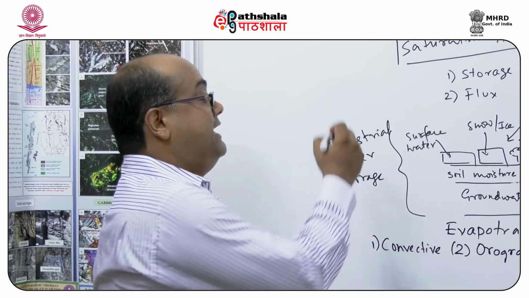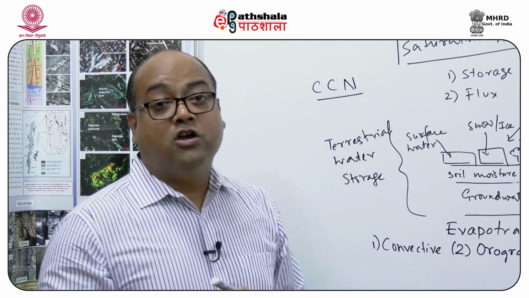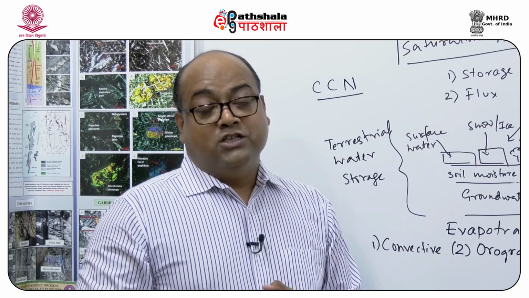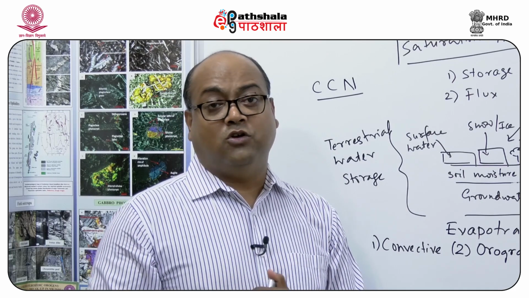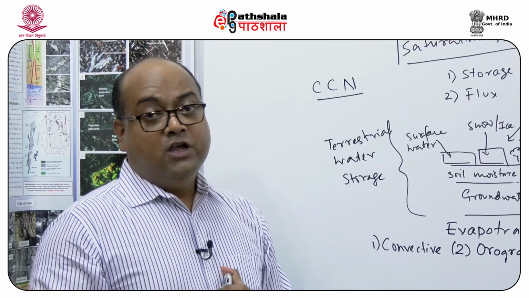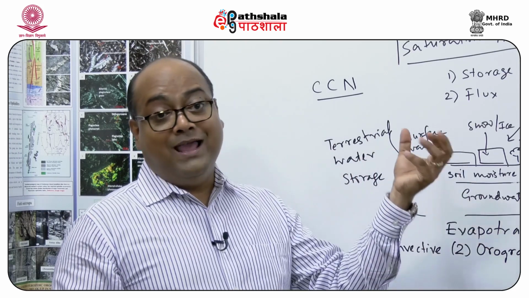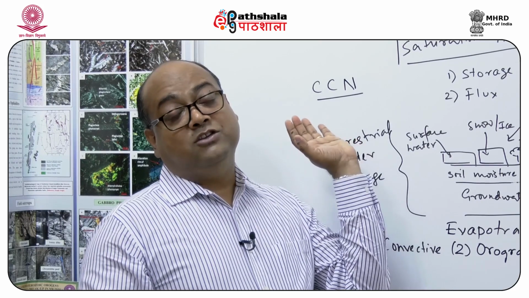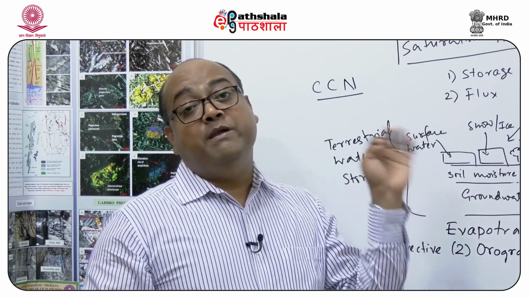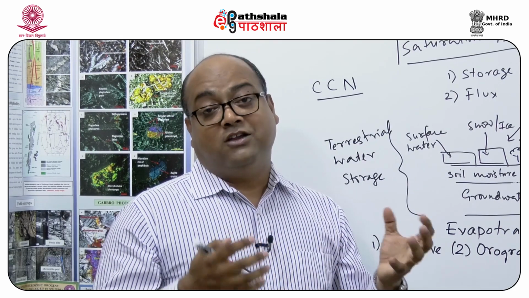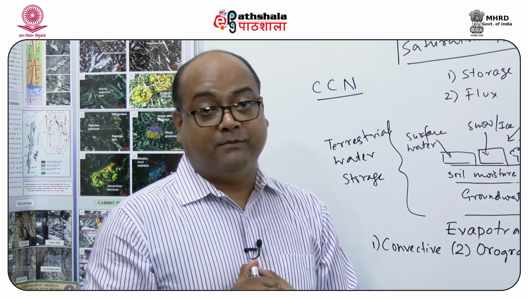This nuclei is also known as CCN, which stands for cloud condensation nuclei. These are very fine dust particles, dirt particles, aerosols that are present in the atmosphere. So for rainfall to occur, we need the air parcel to rise, and not only that, we need CCN to be present in the atmosphere, so that condensation can take place on the nuclei or the substrate.